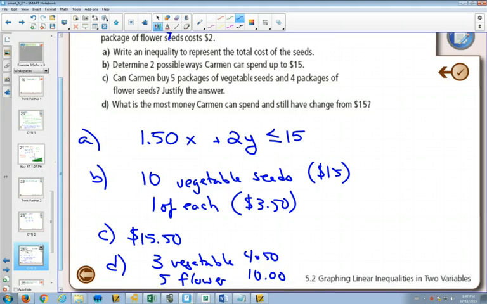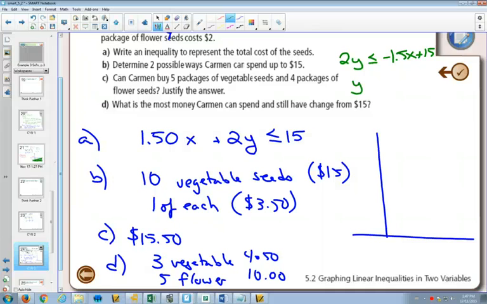If we actually went to graph this one, this equation, if I rearrange this to y equals mx plus b, then this equation would become 2y is less than or equal to negative 1.5x plus 15, and y is less than negative, this is 3 over 2. If I divide by 2, it would be 3 over 4.